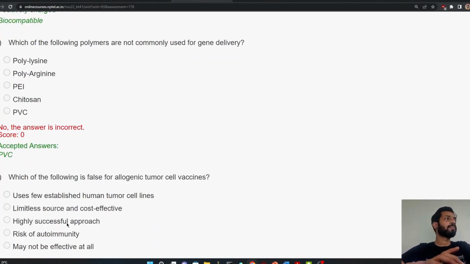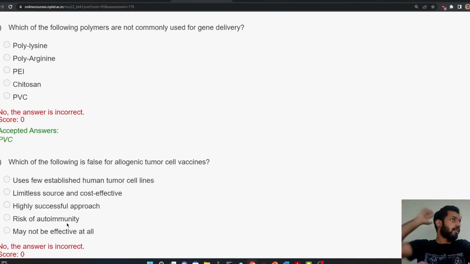Which of the following is false for allogenic tumor cell vaccines? Uses few established human tumor cell lines, limitless resource and cost effective, highly successful approach, risk of autoimmunity, may not be effective at all. So they're asking which is false. Yeah, so it's not a highly successful approach, right?